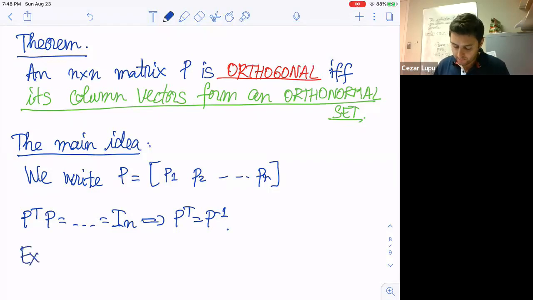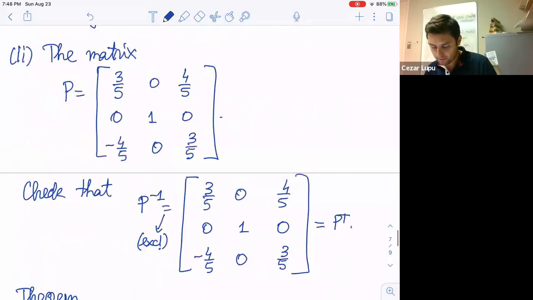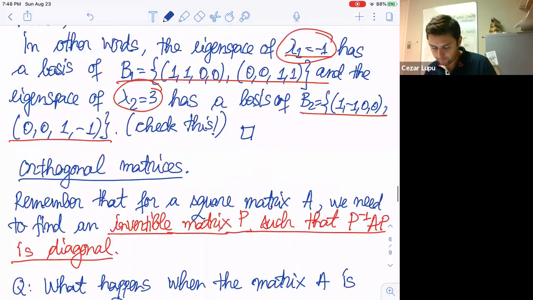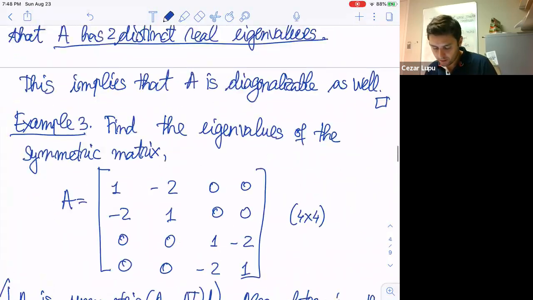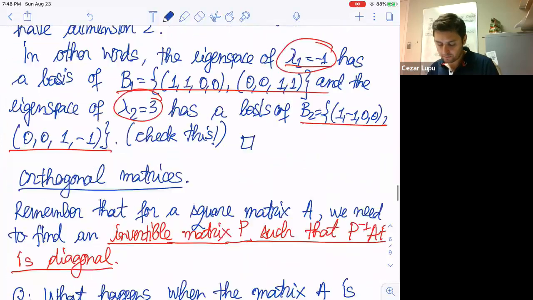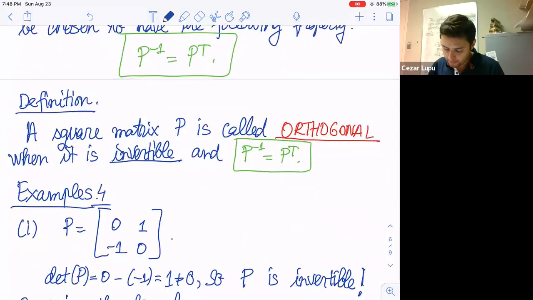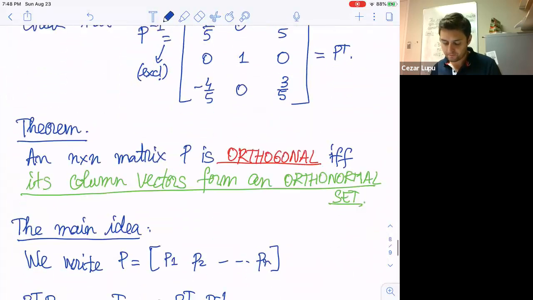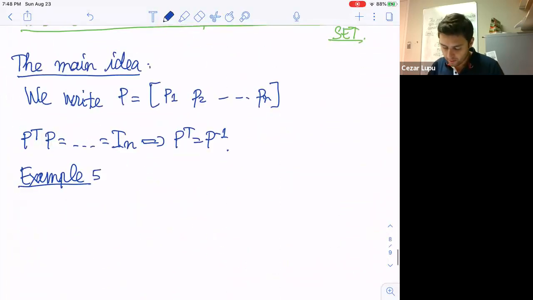on another example. Example 5, we want to look at the following matrix.